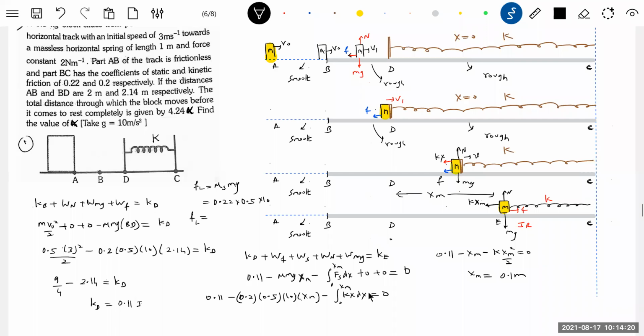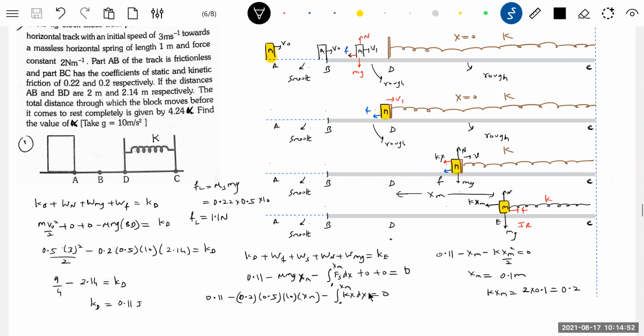1.1 Newton. Let's calculate the spring force, how much it is. K value is 2, 2 into 0.1. The xm value, somebody check it.